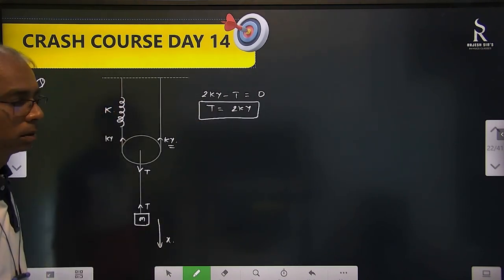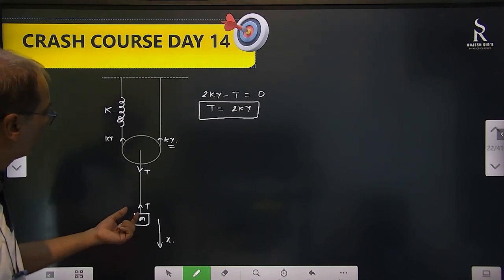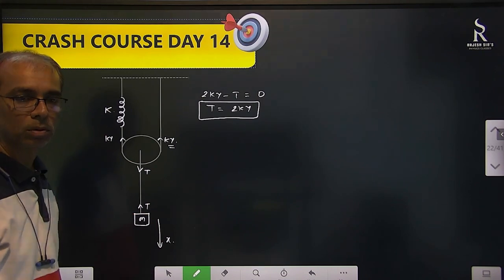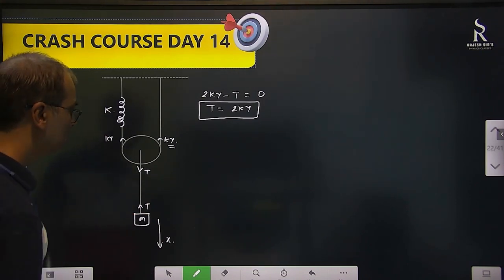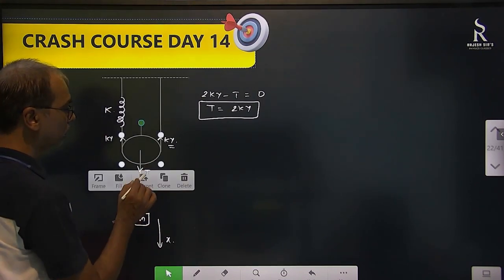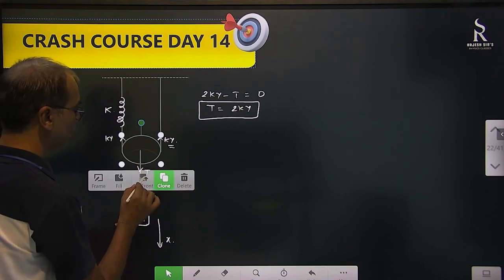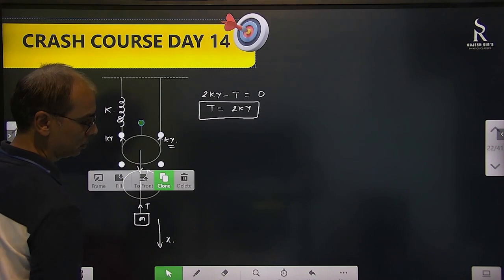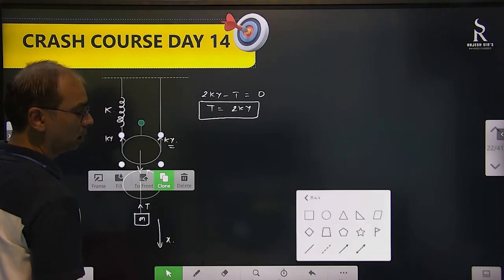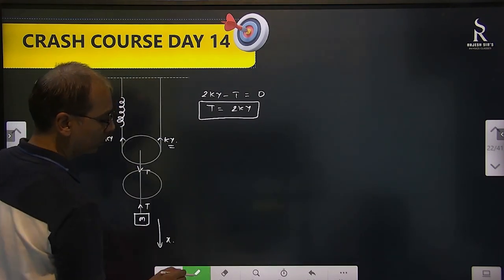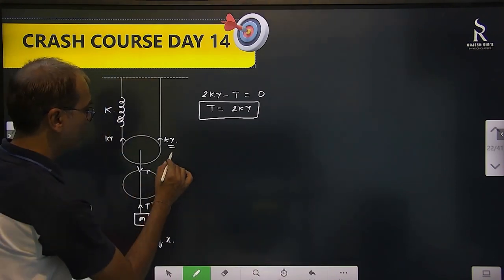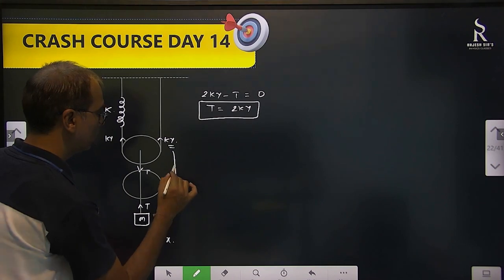Question is over. Now, when you are bringing this down by x, the pulley entirely has to come down, yes or no? The pulley has to come down by x, because you pulled that block down by x.